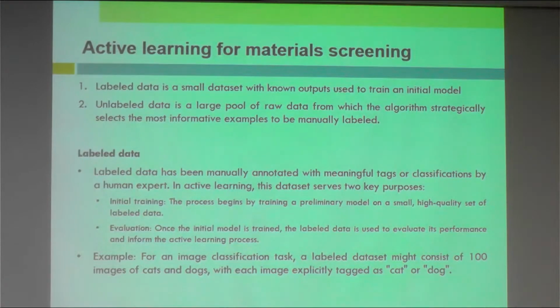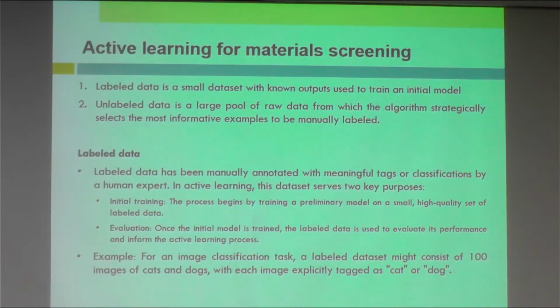It does not have to be comprehensive outside of the property that you want. So it can be the property within the material that you try to develop. Number two, unlabeled data is a large pool of raw data from which the algorithm strategically selects the most informative examples to be manually labeled.